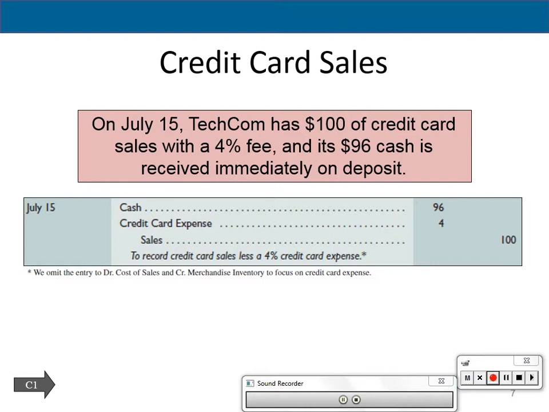And then it says $96 cash is received immediately on deposit. So all that said was the customer did $100 in credit card sales, and in exchange for the credit card issuer immediately paying them that $100, they charge them a 4% rate to get it to them right away. So they paid $4 to go ahead and get the cash for those credit card sales.